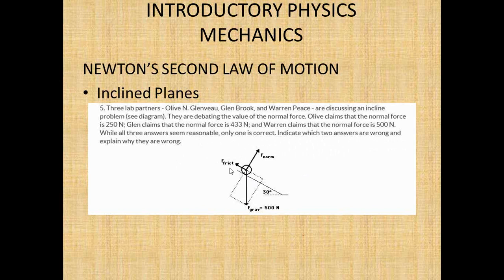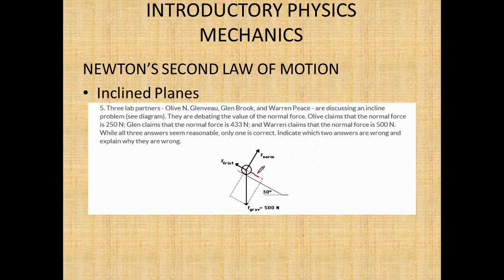So the normal force is perpendicular to the inclined surface, and the parallel component of the force that's going to pull the object down the inclined surface is going to, let's draw that so we fully understand what's going on. So the force that's going to pull the object down the inclined surface is going to be like that.